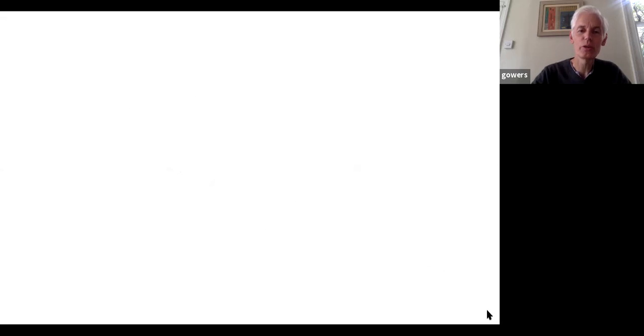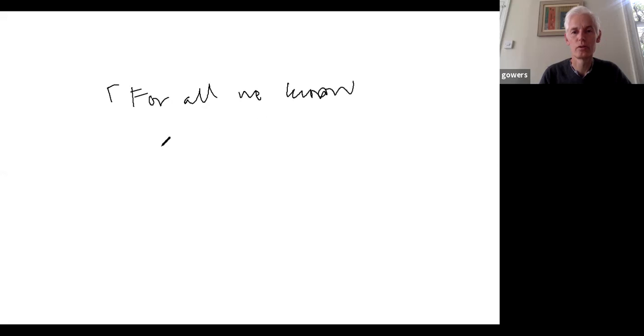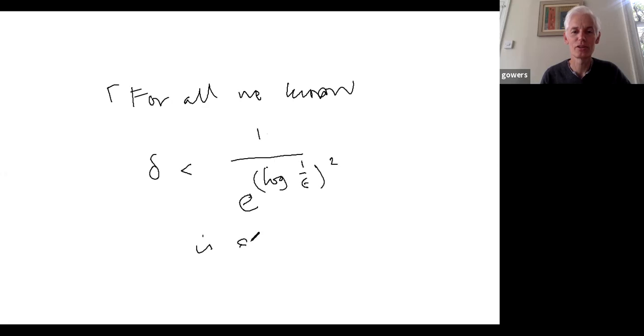So for all we know, delta less than 1 over e to the log 1 over epsilon squared is enough.